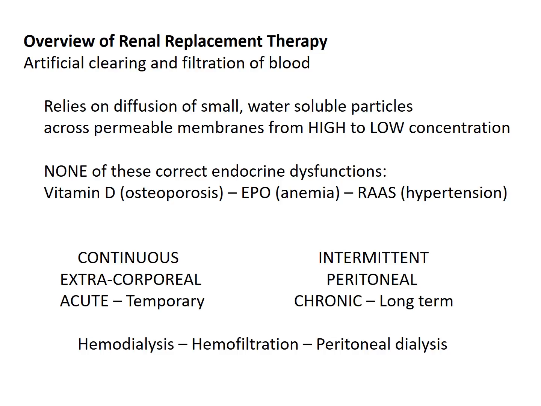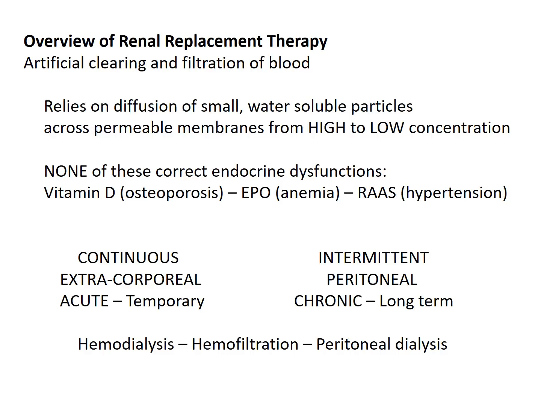So renal replacement is all about getting back to normal water, small soluble particles such as electrolytes, hydrogen ion, bicarbonate, small organic ions, right? These are the things that can come through the membrane.